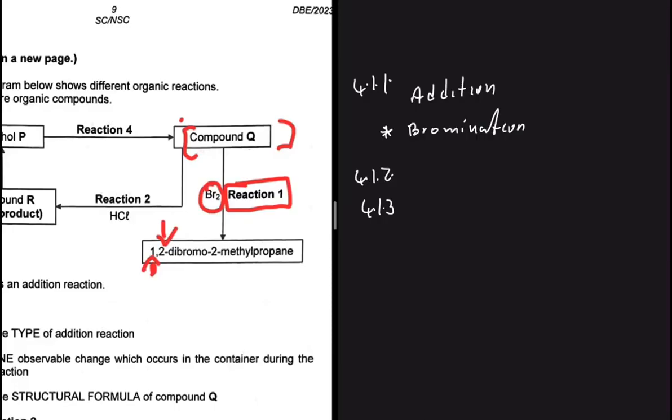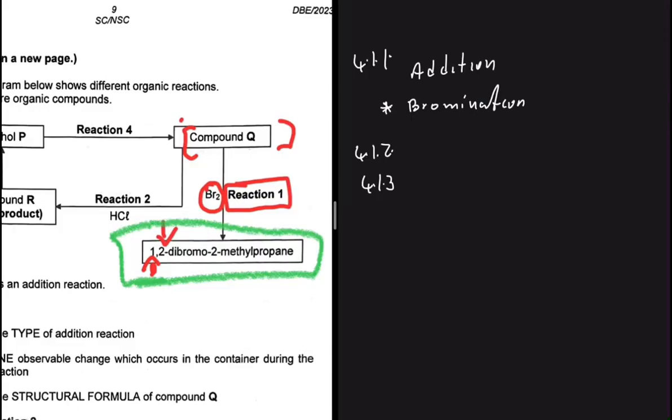If we're adding them there and they stay in that location, it means there was a double bond there. So we're just drawing the structural formula of this structure, but instead of putting bromo on the first and second carbon, we're going to put a double bond, because that is compound Q before we add Br2.